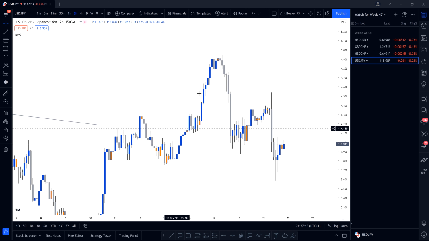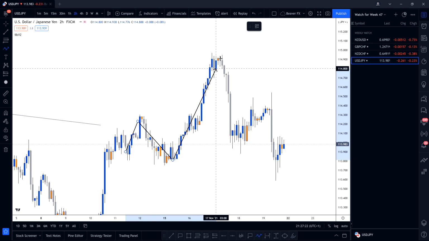So what structure is there? Drawing the movements here, it looks more like a head and shoulders pattern.